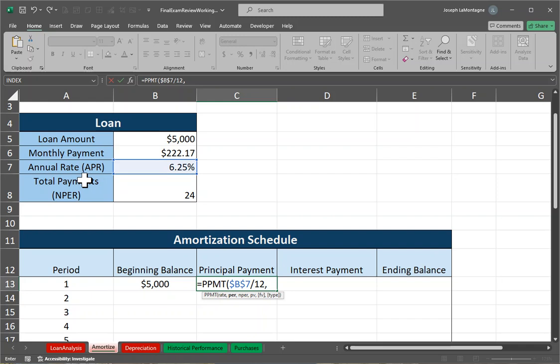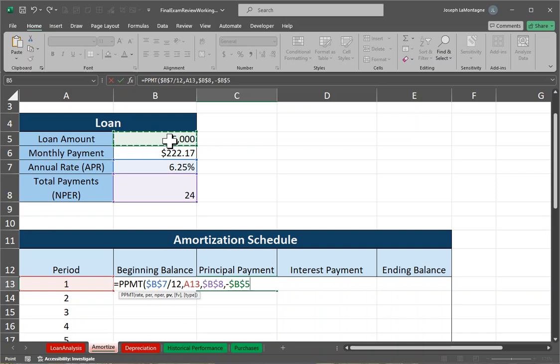The period is just going to be A13. We don't need that to be absolute because as we copy this down, we want the row numbers to change. The number of periods will be B8 absolute, and the present value, again, we want to make it negative, will be B5 absolute.